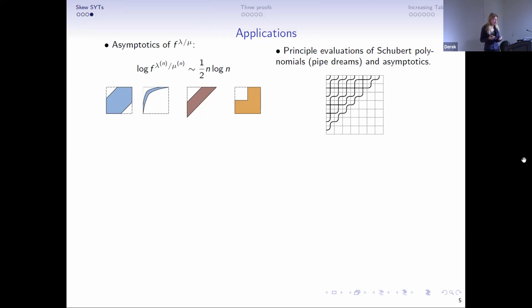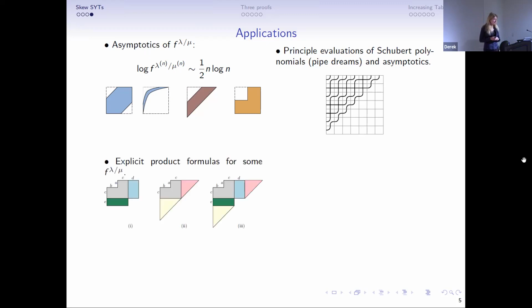This is still an open problem in generality, but one can try to do something with the formulas that we get. We can also get explicit product formulas for certain skew shapes. Here are a few examples of classes of shapes for which there is a product formula, even though it's not a straight shape, and it can be proven with this Naruse hook length formula.